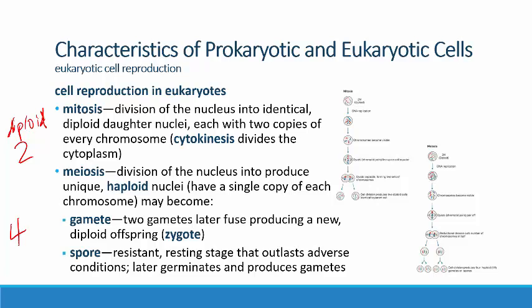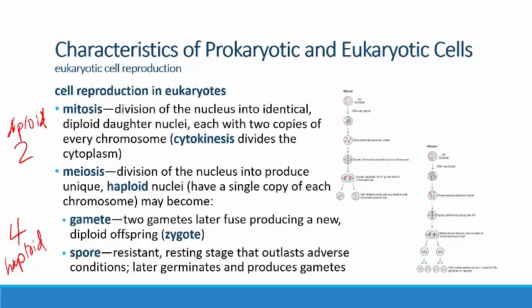And in the process of meiosis, we are able to separate the pairs of chromosomes from each other so that the cells that we produce are haploid rather than diploid. So they only have one copy of each chromosome in them. So we produce 4 haploid gametes at the end of meiosis.